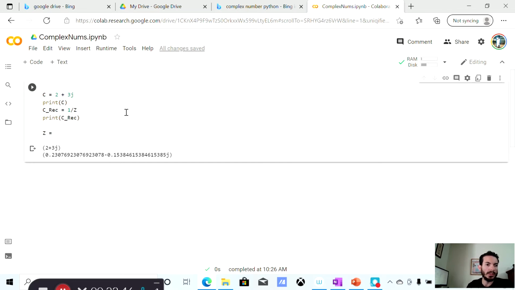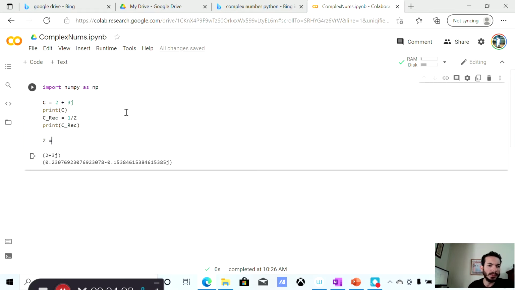And that is because if we were doing z equals the square root, we're going to need to call the square root function from numpy. So import a numeric package for Python as np, and then we want to do np.sqrt of, let me see, am I getting any errors here so far?